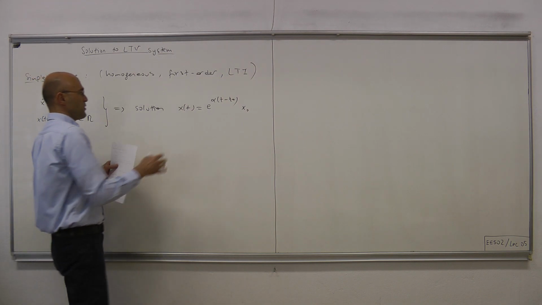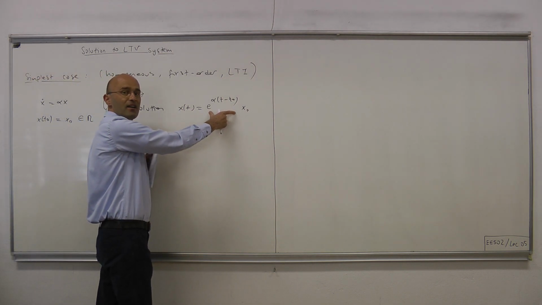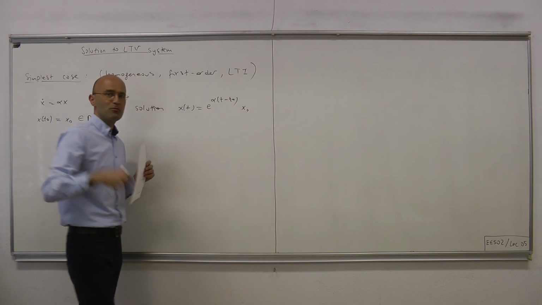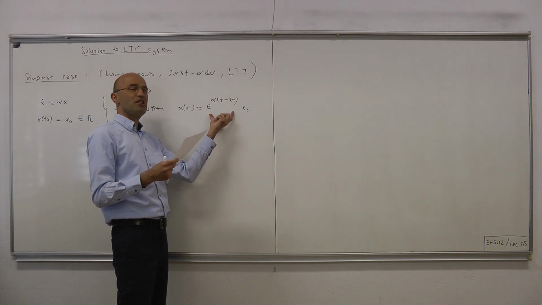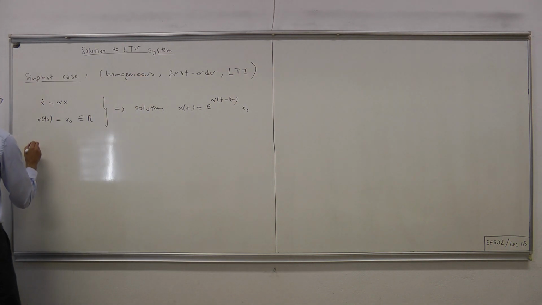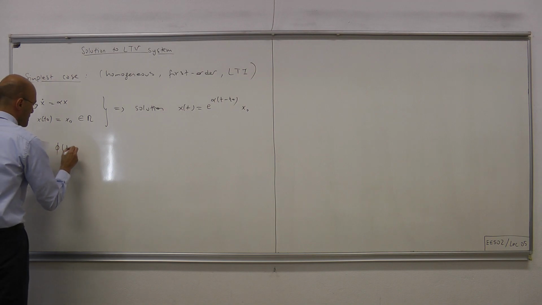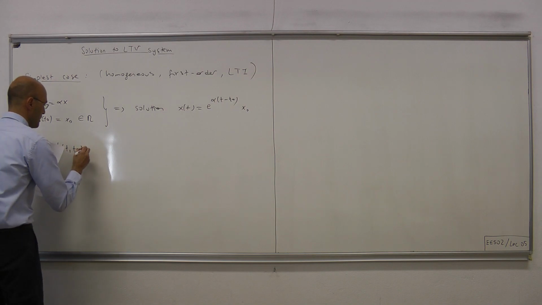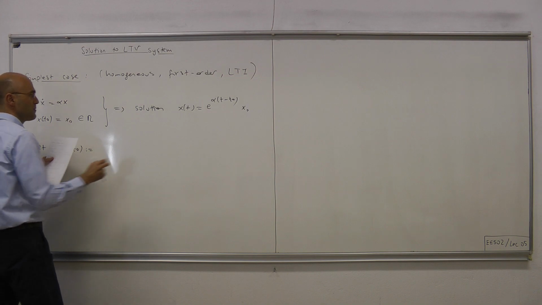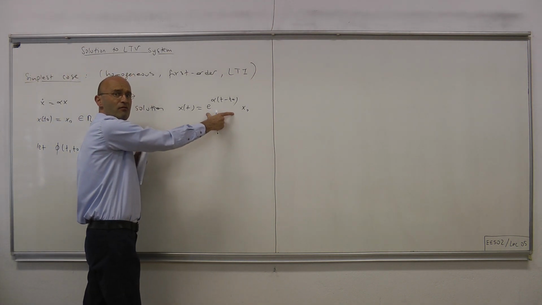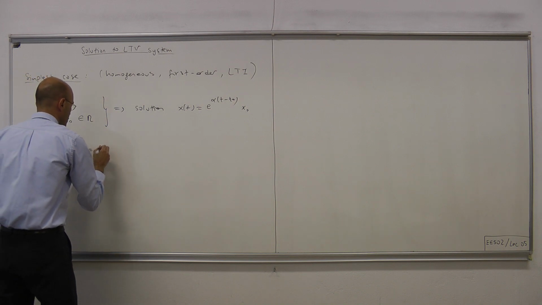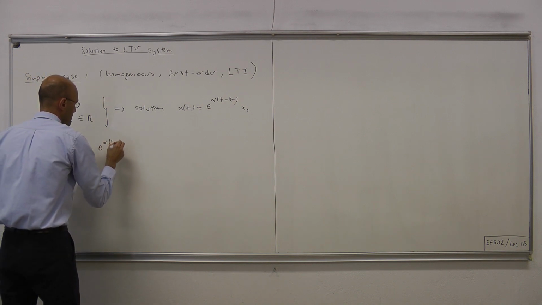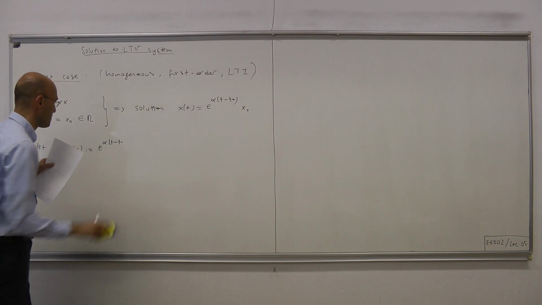Now, let us consider this as a function of time that's multiplying the initial condition. Let phi of t, t0 be defined as this function, the exponential function e to the alpha (t minus t0).